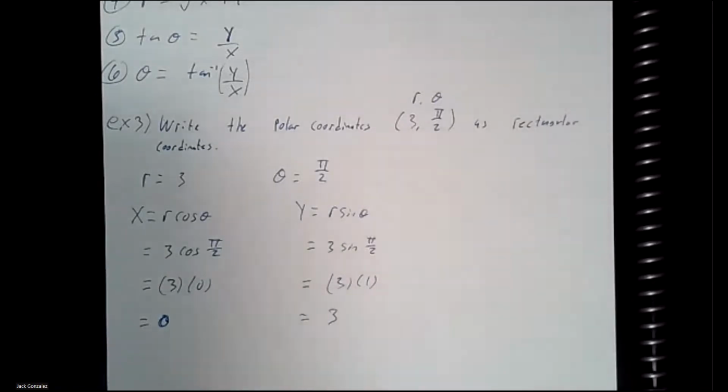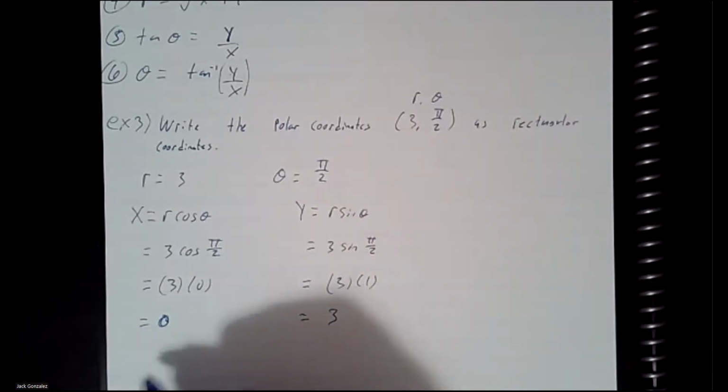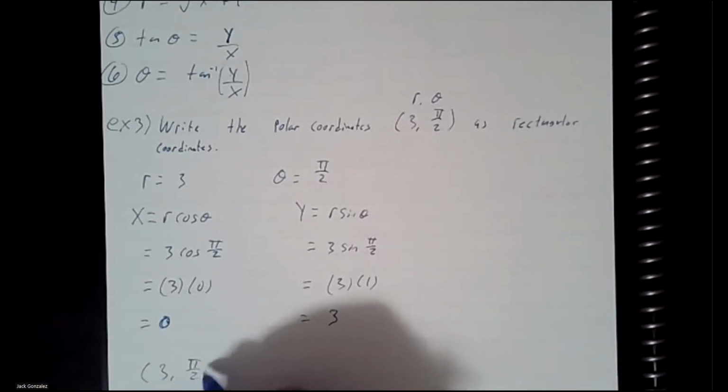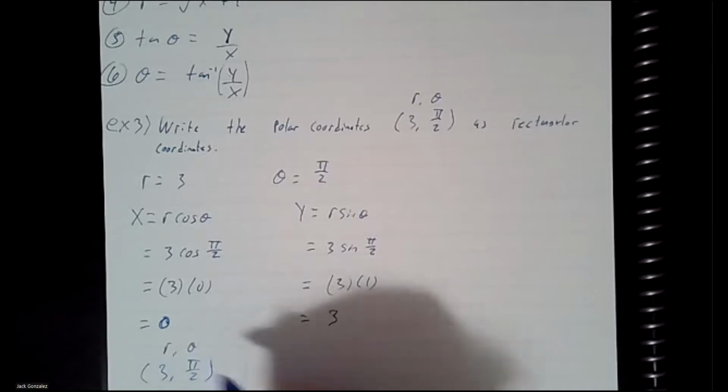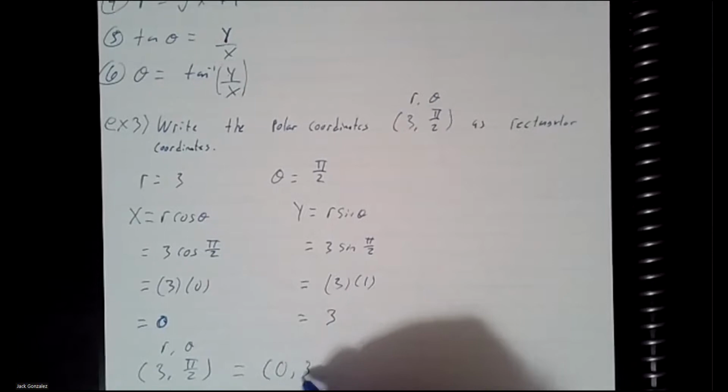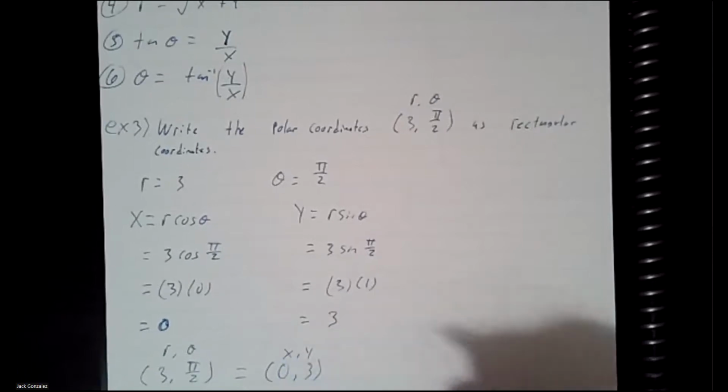Okay, so that means that the point 3 comma pi over 2, r comma theta, can be changed into 0 comma 3, x comma y.